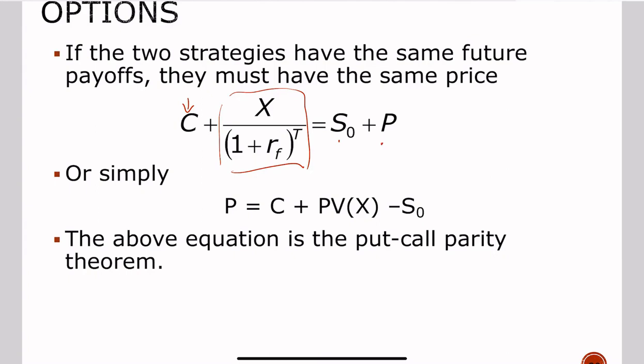So you can see that the put-call parity theorem is actually pretty easy to understand. You just construct two different portfolios, put plus stock and call plus bond. And then you see that these two different portfolios have the same payoffs, so they should have the same present value.